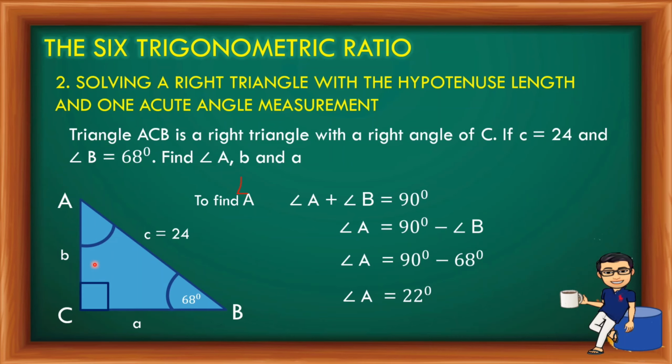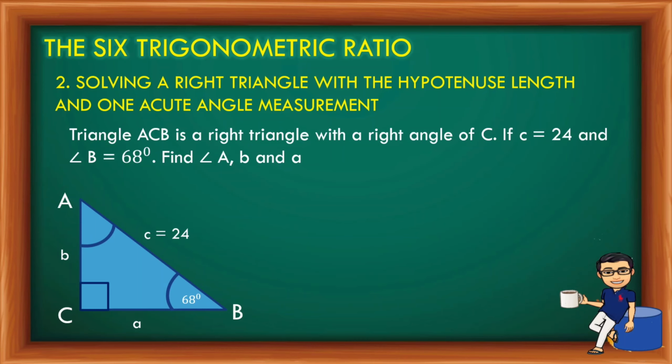Okay, sana nasusundan natin. This time, ang isosolve naman natin ay B. So, aalamin natin ang sukat ng side B. Ito yon. And to find B, ang aalamin naman natin ay ano yung side na given, which is this one, side C. At syempre, kailangan natin to, kasi yan yung hinahanap natin ng measure.